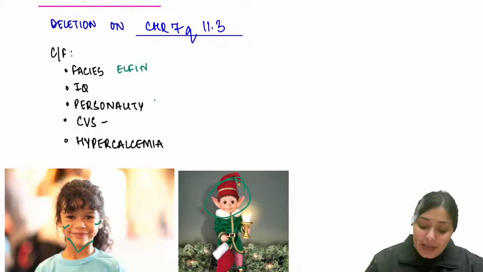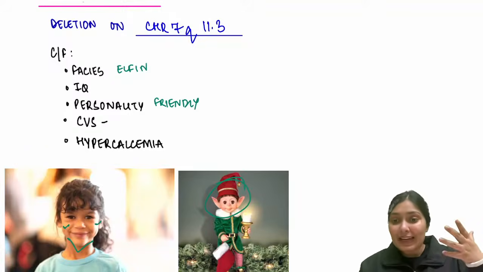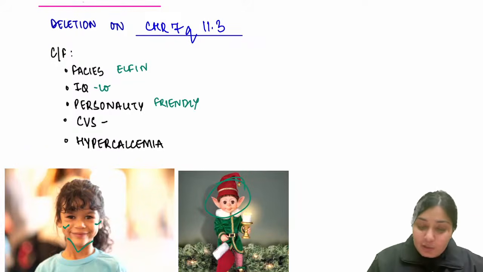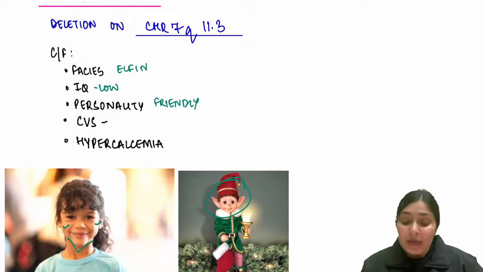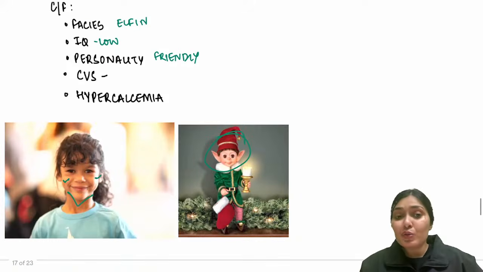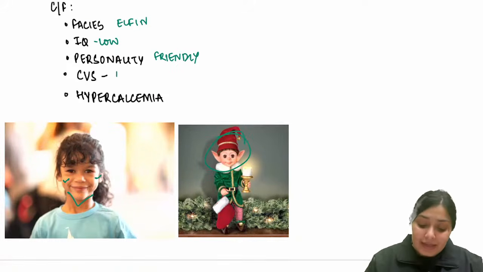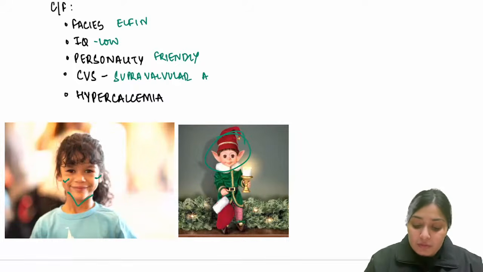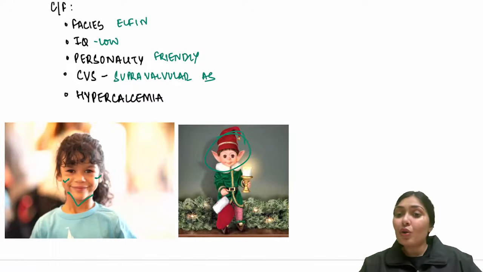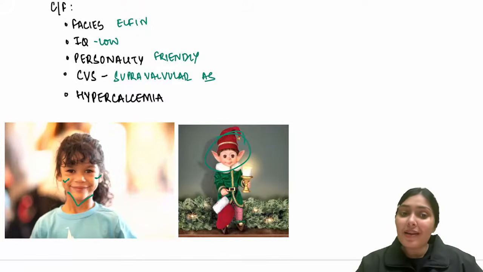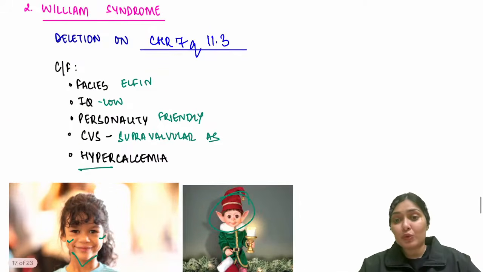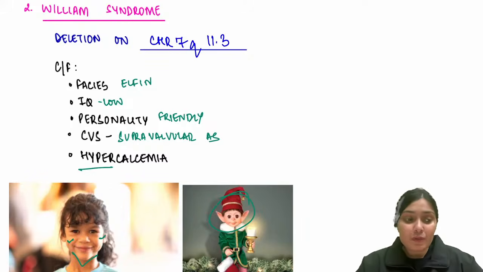They have a very laughing, smiling face. But sadly, their IQ is low. And they have predisposition to certain cardiovascular disorders like supravalvular aortic stenosis. In DiGeorge, you saw hypocalcemia. Here we see hypercalcemia. So this is about Williams syndrome. So two microdeletion syndromes we discussed.